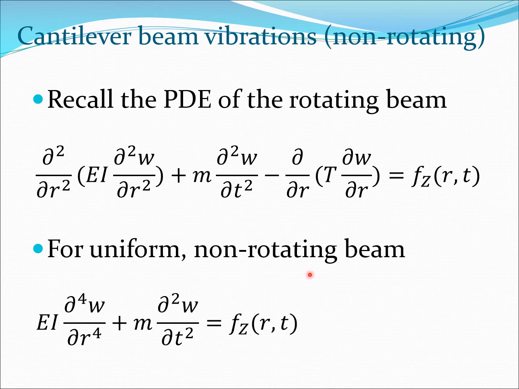So for a uniform non-rotating beam, I can bring out the EI from the brackets here, and I get a fourth derivative term involving the flexural stiffness, and the term involving the centrifugal stiffening simply vanishes. So this is the much more simple equation for a uniform beam, which you may have seen in your vibration or structural dynamics course.